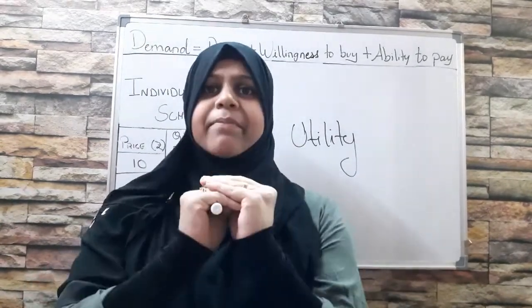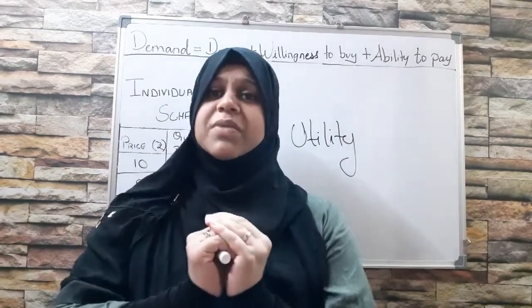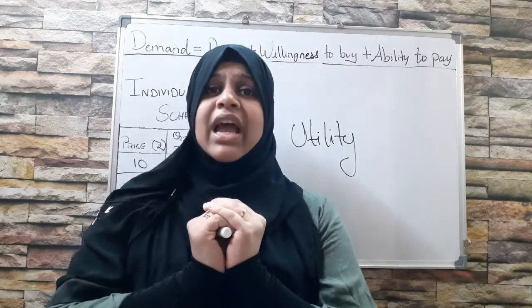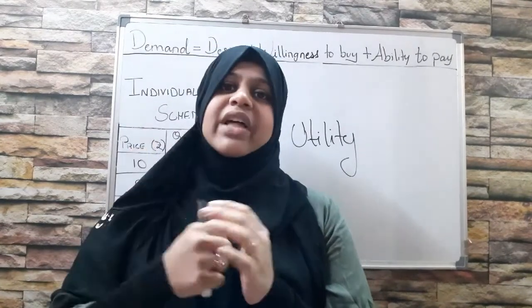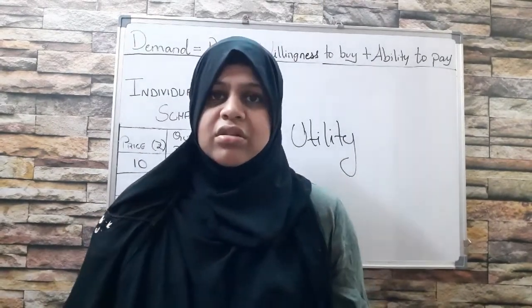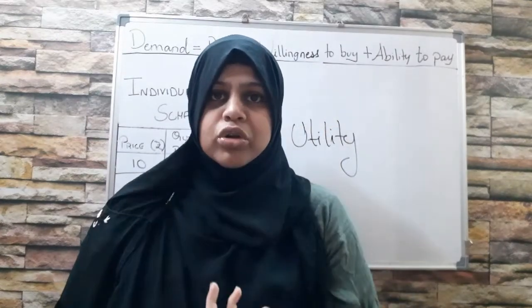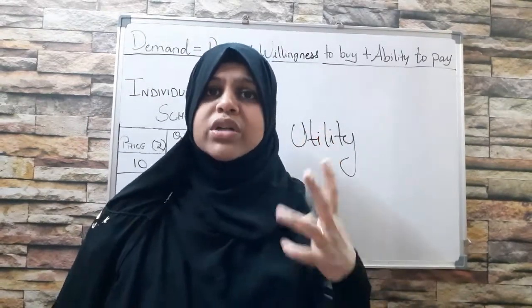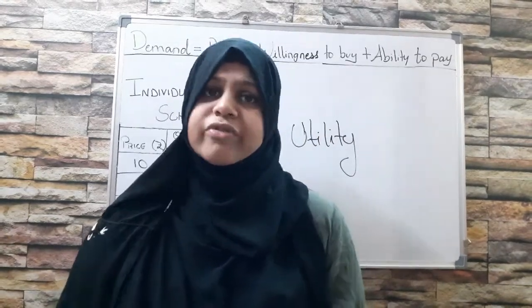So the first step for a demand to occur is that you should be deriving utility out of that particular commodity. For example, if I'm not thirsty or if I'm not hungry, that amount of food or water is not going to be useful for me. It is not going to give me any utility.